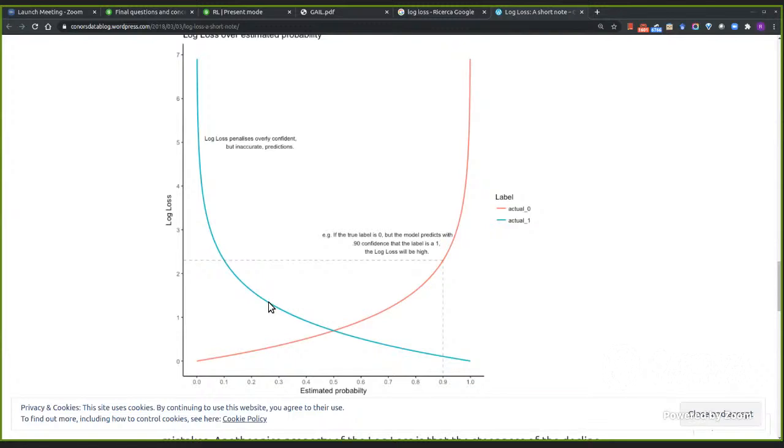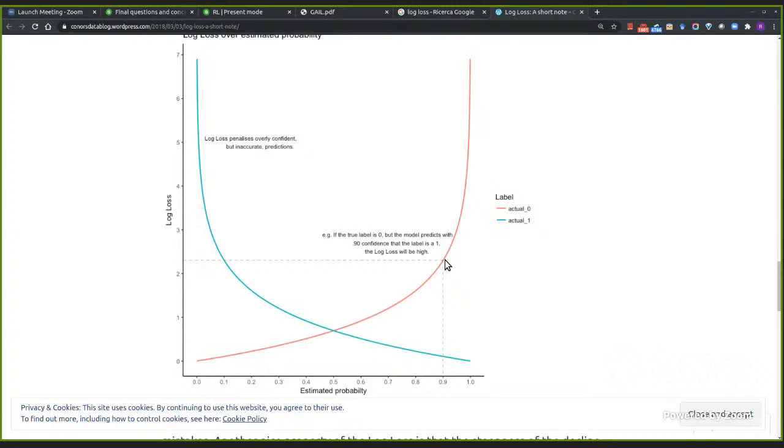If the true label is 0, but the model predicts with 0.9 confidence that the label is 1, then the log loss will be high, right? The true label is 0 because it's red, and our model is telling us with 0.9 confidence that it is instead 1.